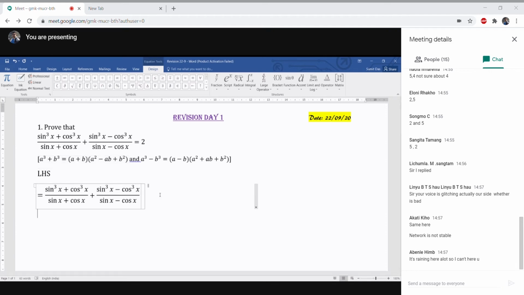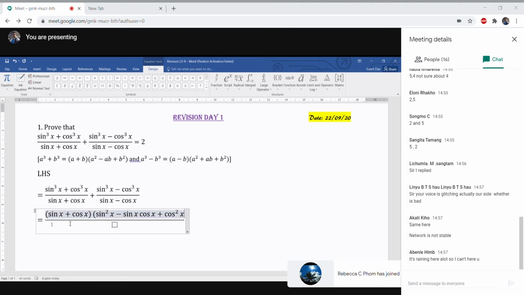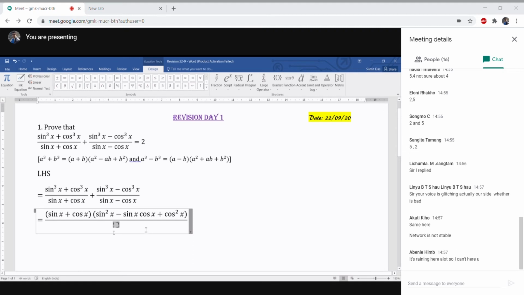So the next line will be a plus b, so it will be sin x plus cos x, and inside the bracket we'll have sin square x minus sin x cos x plus cos square x. Whatever we have in the denominator we'll write down here.